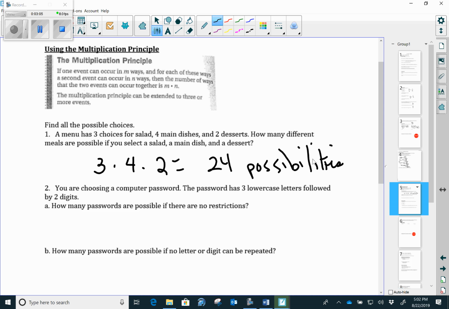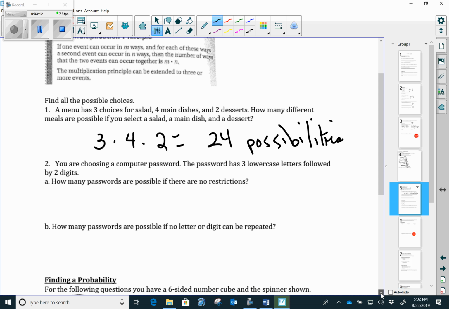I'll do 2A, and then I'll let you do 2B. Using a computer password. The password has 3 lowercase letters followed by 2 digits. The question is, how many passwords are possible if there are no restrictions? Well, how many letters are in the alphabet? 26.